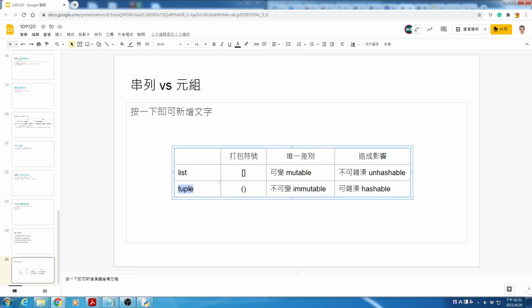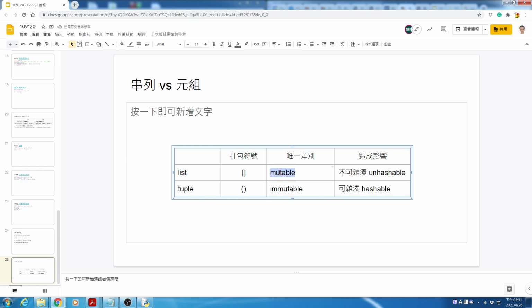And what is the difference between a tuple and a list? Actually, a tuple and a list are very similar. The only difference is this: a list is mutable, and a tuple is immutable.